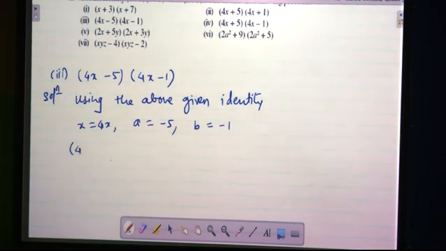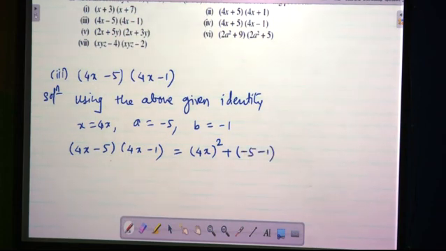Okay. 4x minus 5, 4x minus 1 is equals to x square, that is 4x square, plus a plus b, in bracket it is a plus b, that is minus 5 minus 1, into x, it is 4x, plus ab means what?